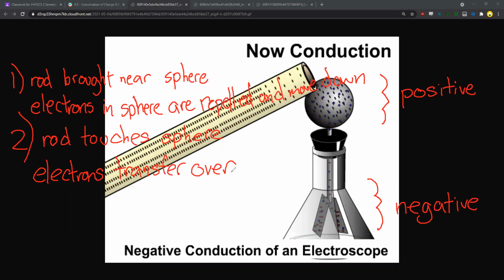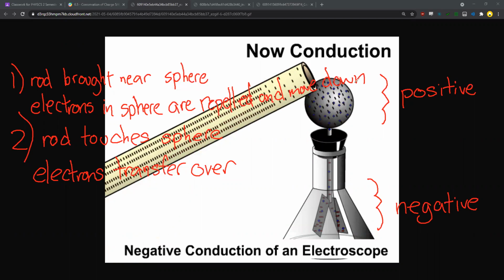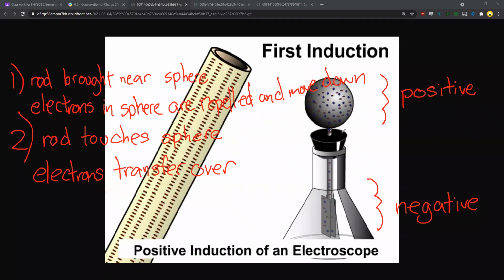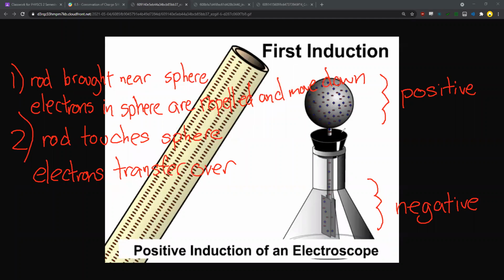Okay, good. Yes, because the top part is positively charged. There is a lack of electrons in the top part of the sphere. It's positively charged. Well, what's going to happen?